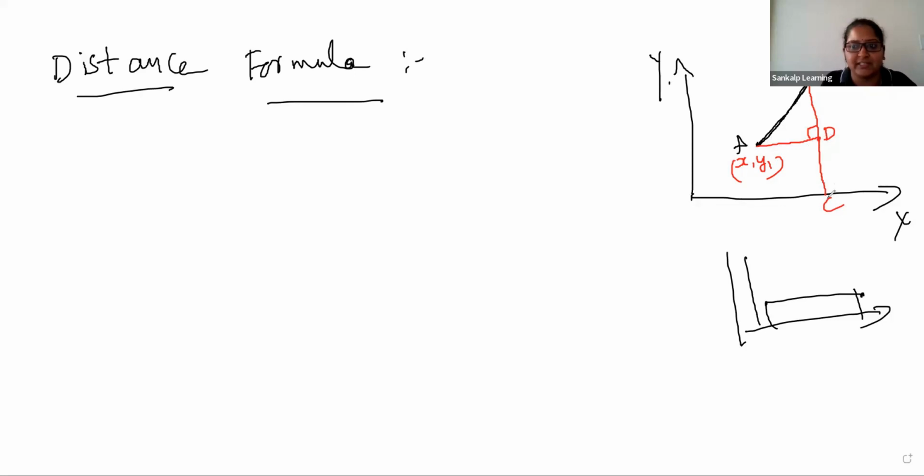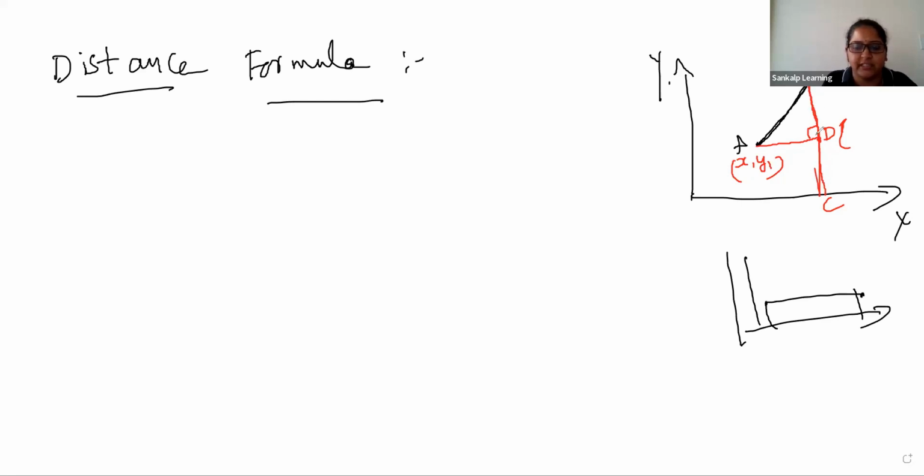What are the coordinates of D? So what is this that has come here? What shall I write here? D's coordinate, what will the x coordinate be?